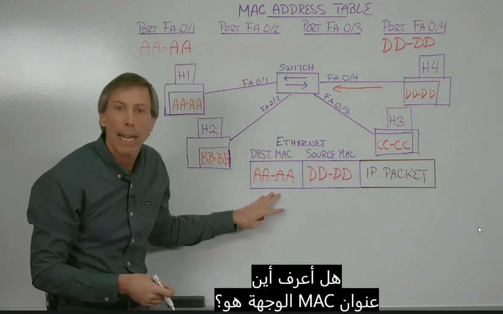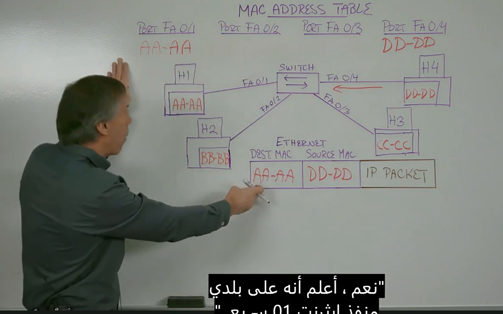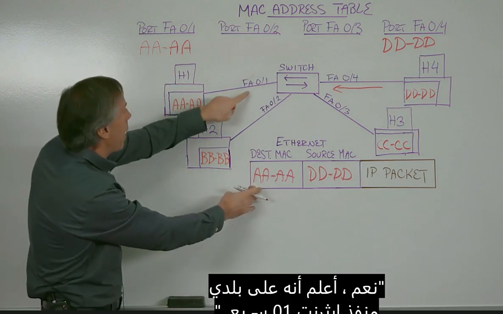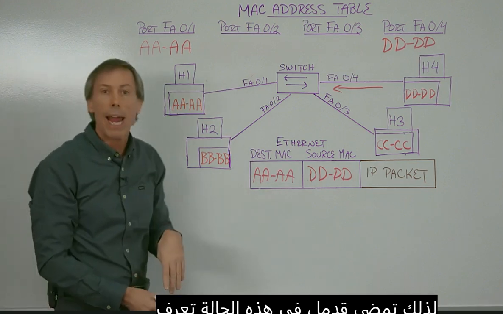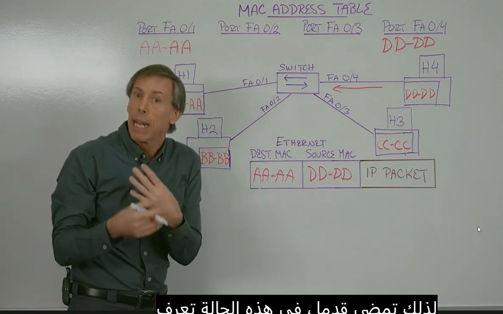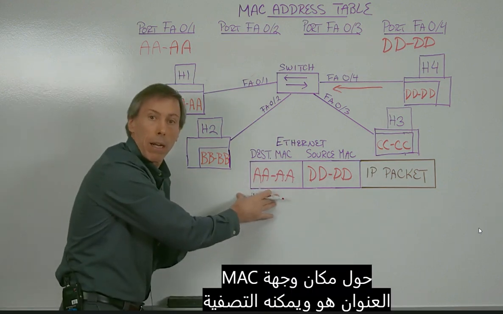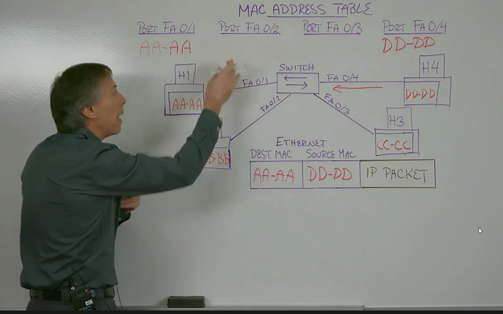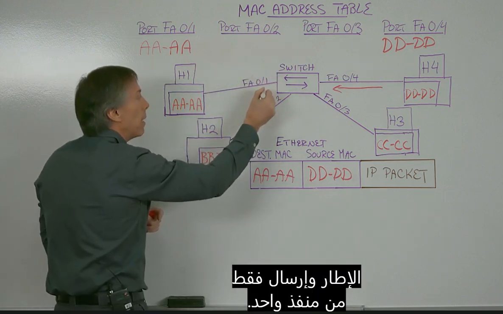Do I know where the destination MAC address is? And it looks it up and says, yeah, I know that's on my FastEthernet 0/1 port. So in this case, it knows where this destination MAC address is, and it can filter the frame and just send it out this single port.